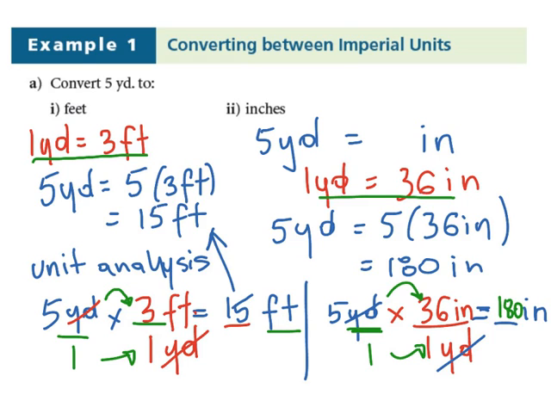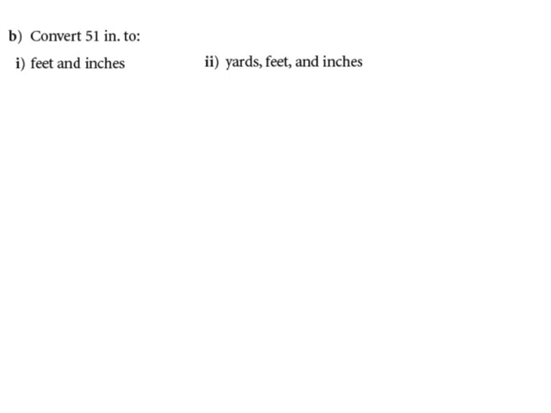Let's take a look at another example. In this example, we're going to convert 51 inches to feet and inches. If you look at your table, we know that 1 foot is equivalent to 12 inches. That's the conversion.